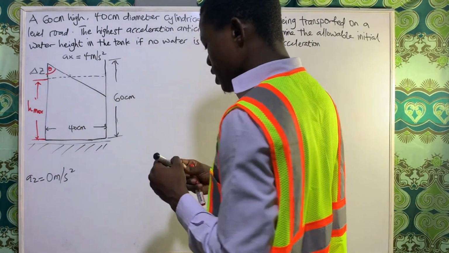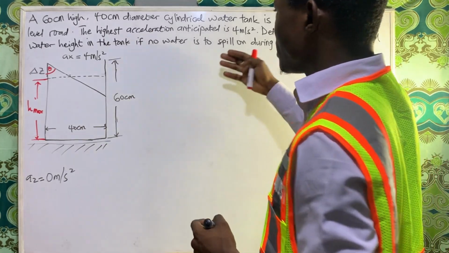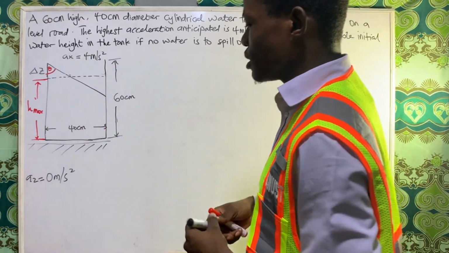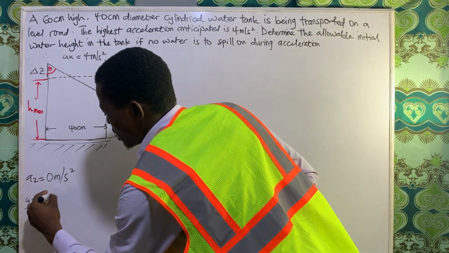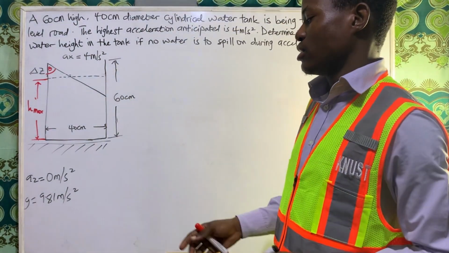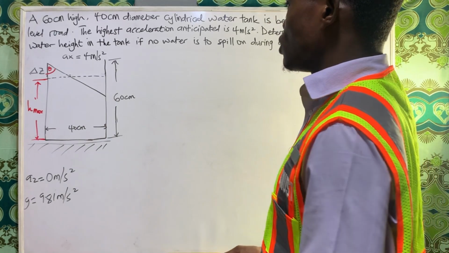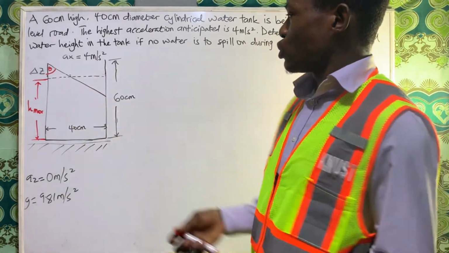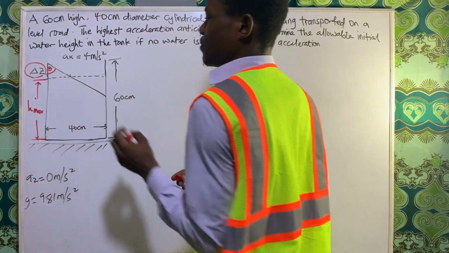The only acceleration at the vertical section is gravity, which is 9.81 meters per second squared. Now, to solve the question, we would like to find delta z first.